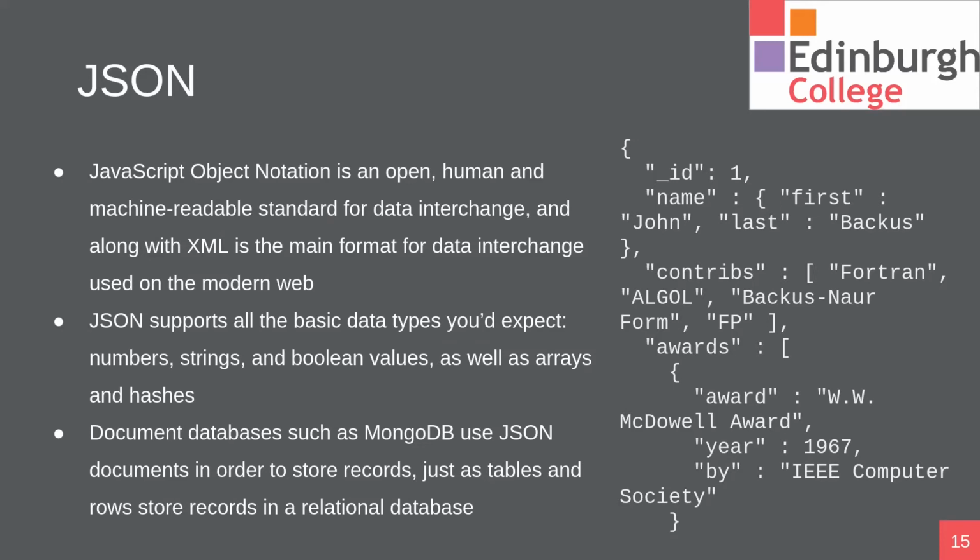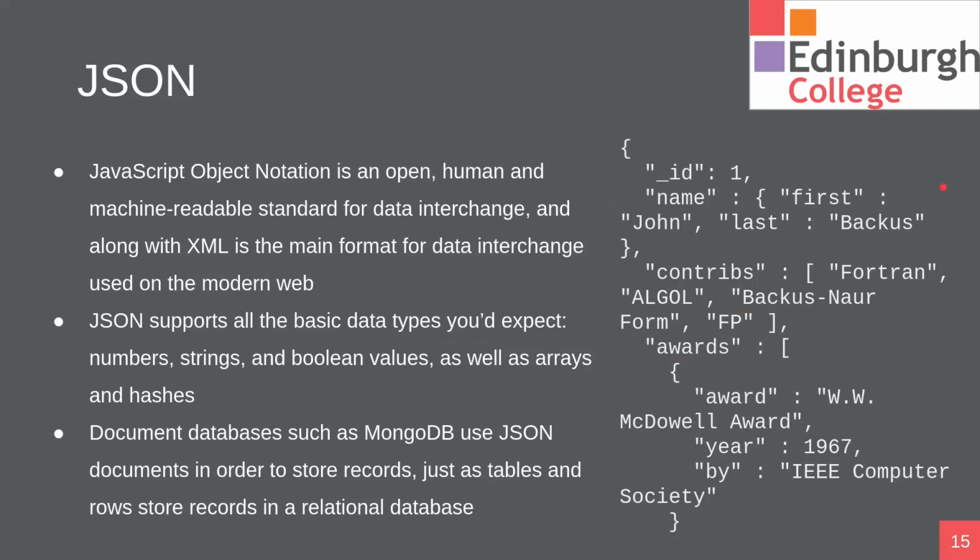JSON is short for JavaScript Object Notation. If you've ever seen data laid out like this with curled braces, and then we have key value pairs delimited by colons, and the pairs delimited by commas, and we can also have nested arrays inside of pairs, this format is called JSON.